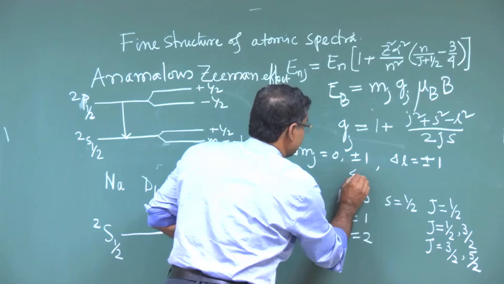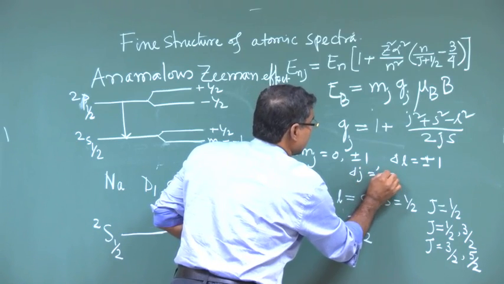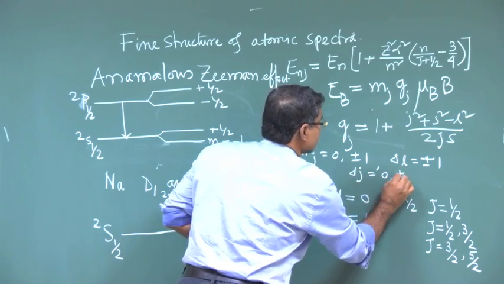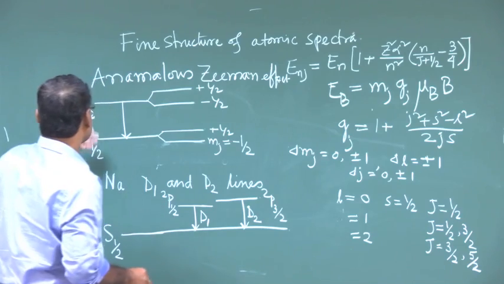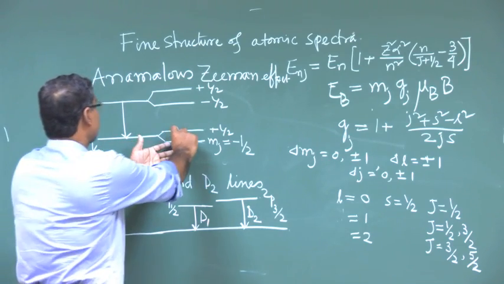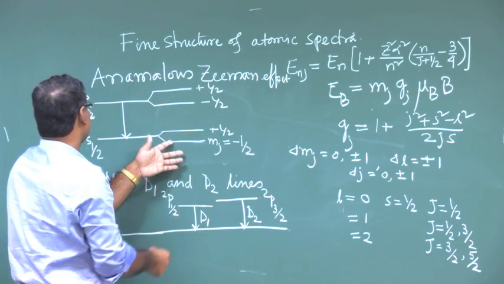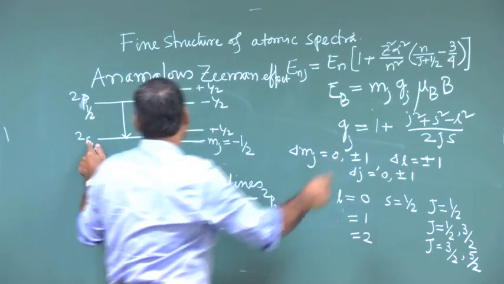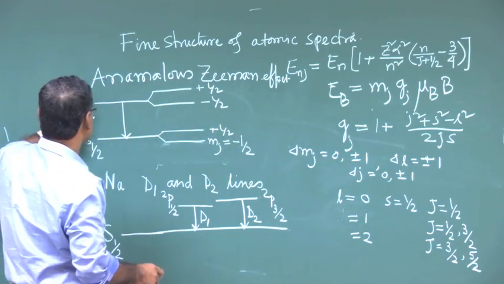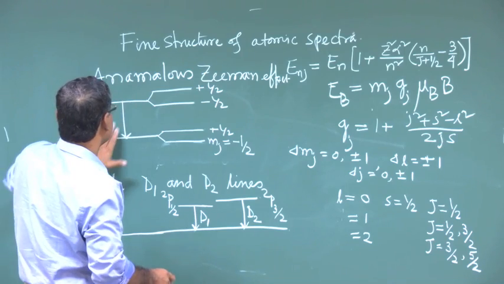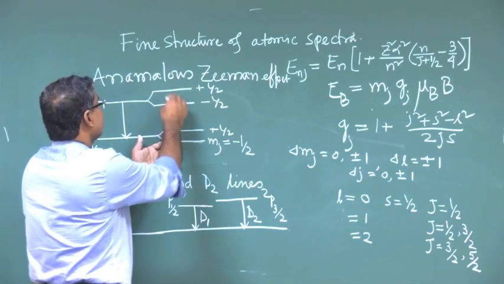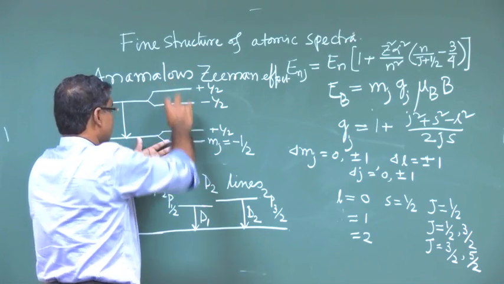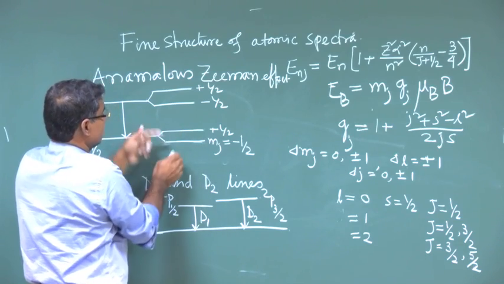So the transition between these two is not possible because it would violate the same L rule. Transition is only possible between these two, so we consider the transition between this level and this level.